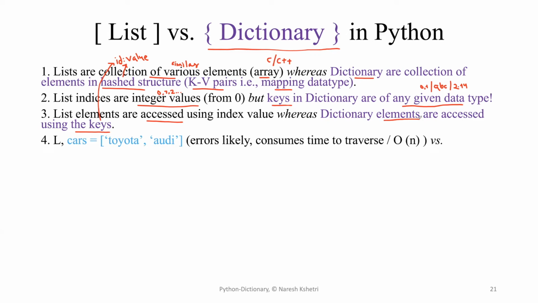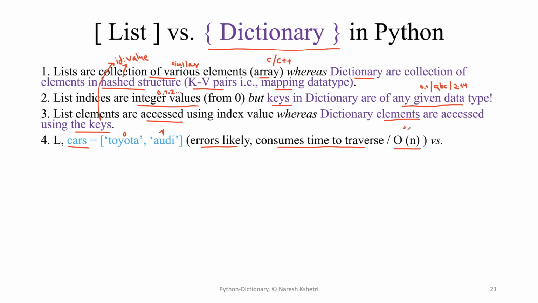So generally we say dictionary elements or items. For example, this is an example of a list named cards. We have two values, index 0 and index 1. One major disadvantage is that, as you know, we are doing frequent updation, so more errors are likely to happen. Also, while fetching the values, it consumes time to traverse, meaning the time is big O of n.